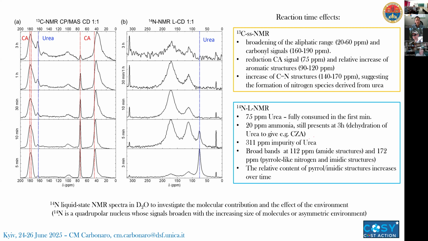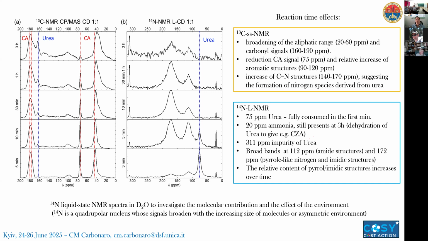We see that from the very first minutes, we have the formation of some molecules in the aliphatic range, some signal in the carbonyl range. We have also the reduction of the citric acid as expected, and the formation of bonding between carbon and nitrogen, which suggests the formation of nitrogen species derived from the urea.